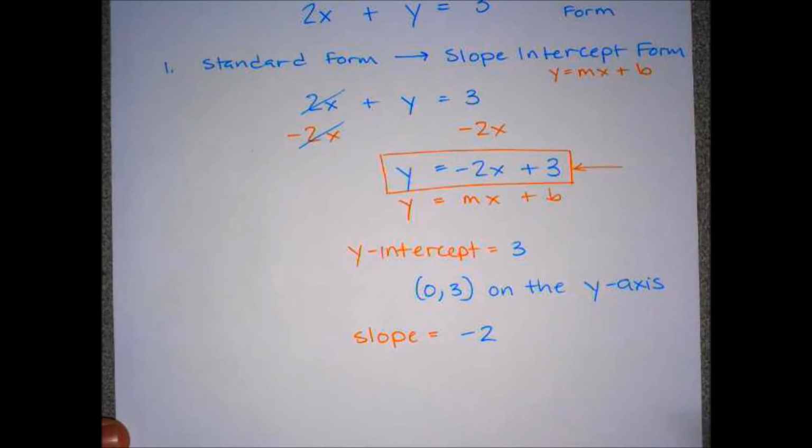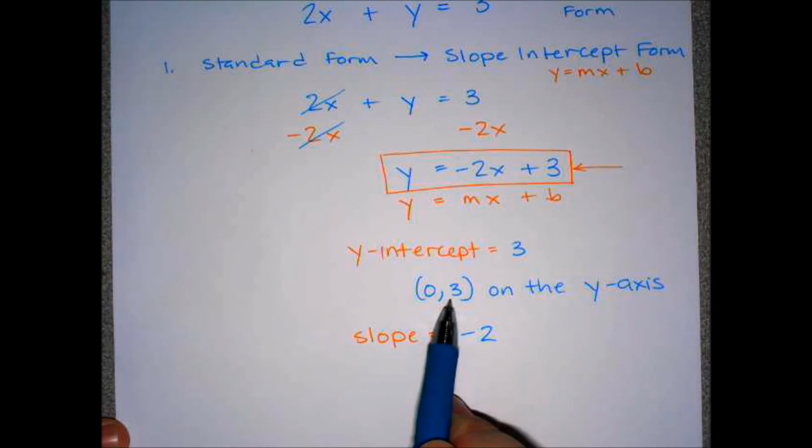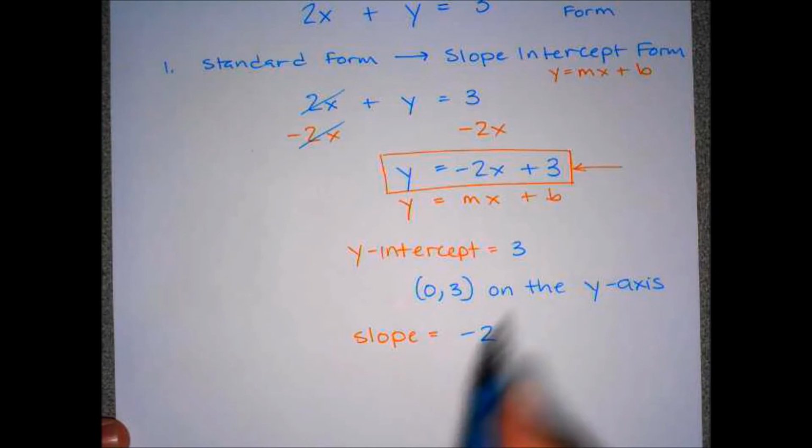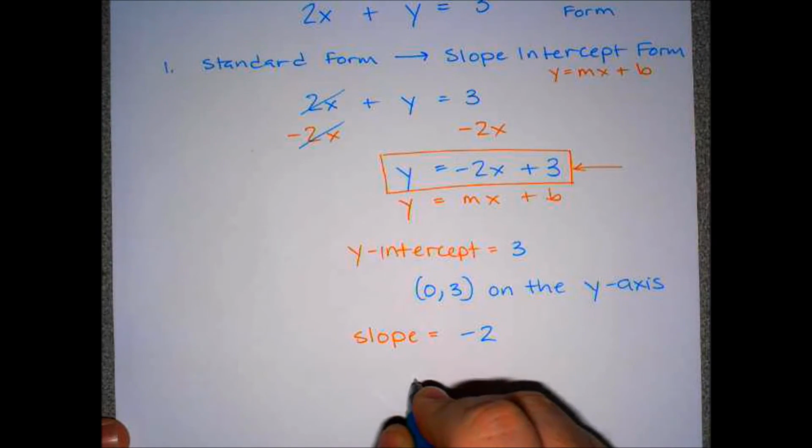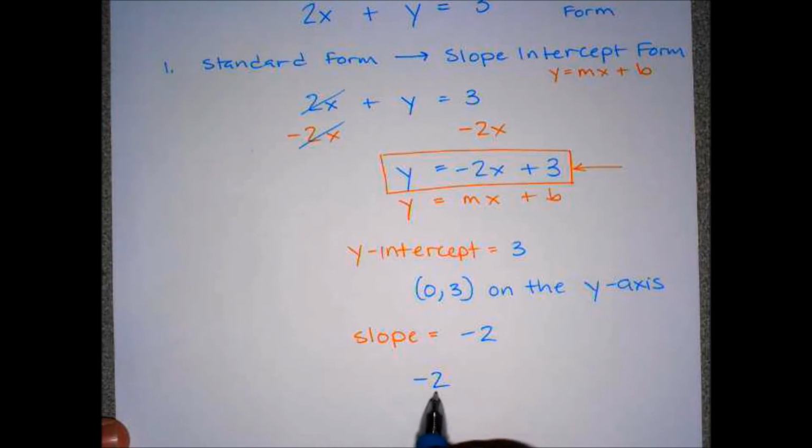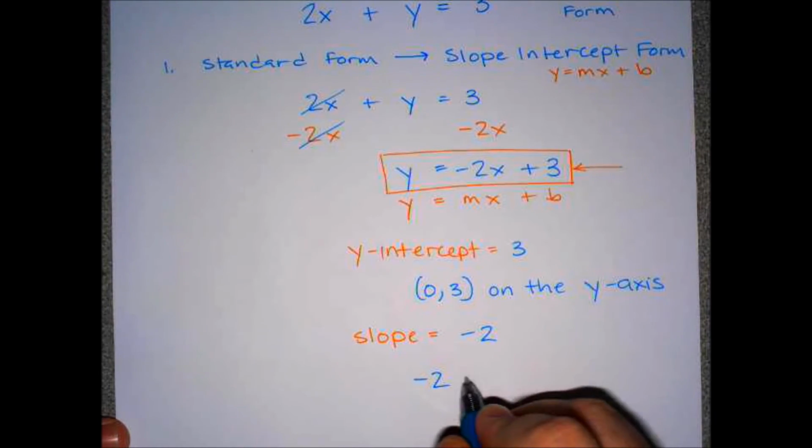And what that tells us is that after we graph that point on the graph, we're going to use negative 2 to determine the next point. Now, in a previous video, I explained that when you have a whole number like that, even if it's negative, you have to write it as a fraction.